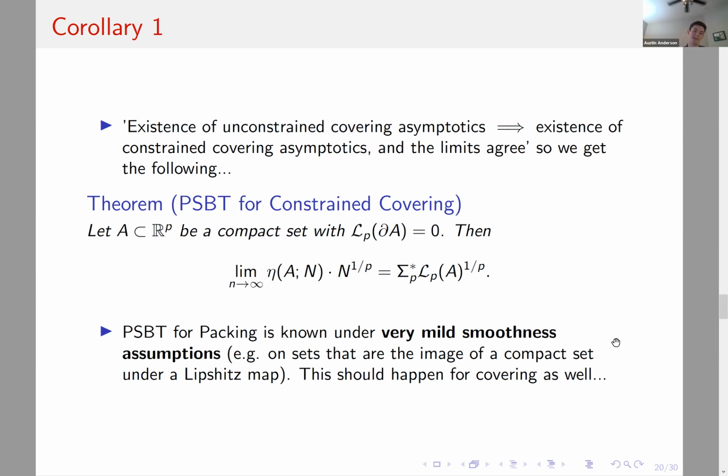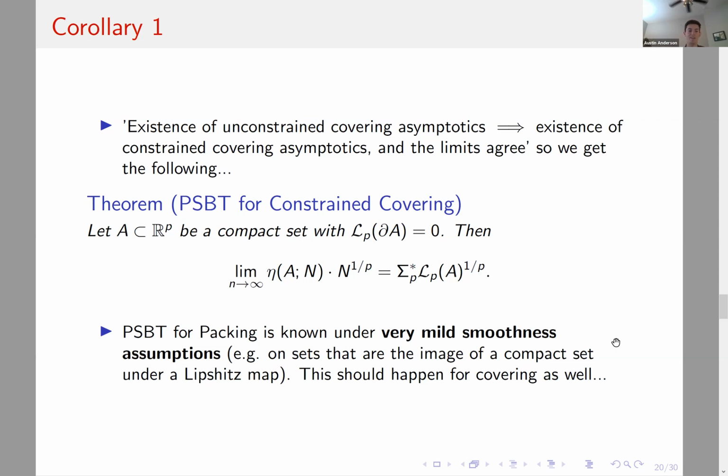So if A, again, is a compact subset of R^p, where the Lebesgue measure of the boundary is 0, then the limit as n goes to infinity of the best constrained covering radius of n points on A times n to the 1 over p is again sigma p star times the Lebesgue measure of A raised to the 1 over p. To my knowledge, this is all that's known, and this is the most general poppy seed bagel theorem that we have for unconstrained and constrained covering at this point.